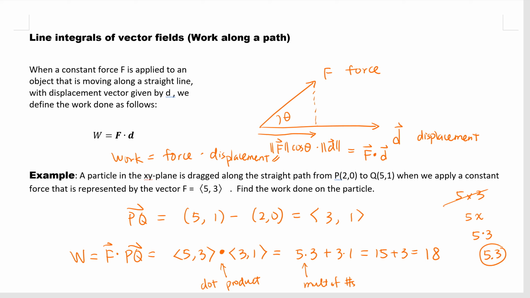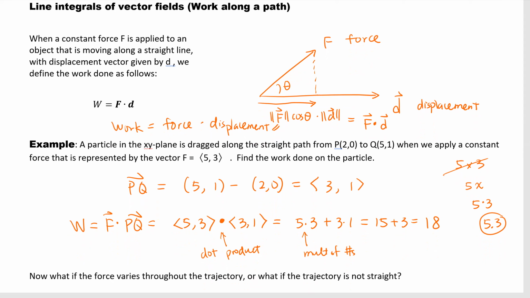But now we have the dot product and cross products, so sometimes it's confusing when we use cross or dots. But because those are numbers, we mean multiplication of numbers. Or another way, you can use parentheses, which also means multiplication.